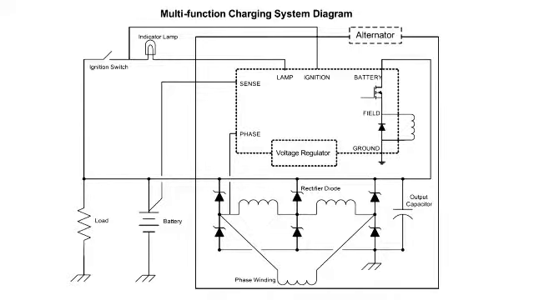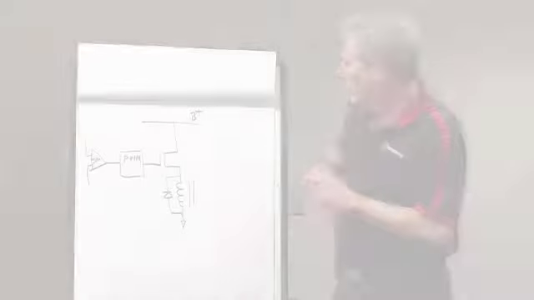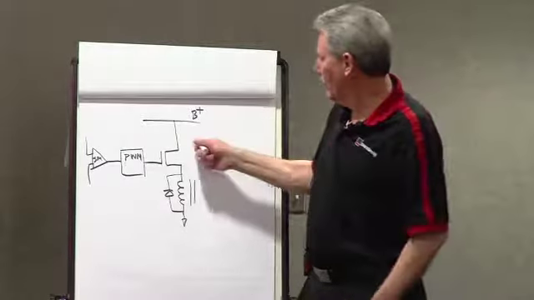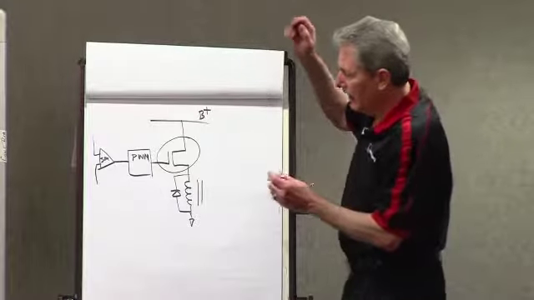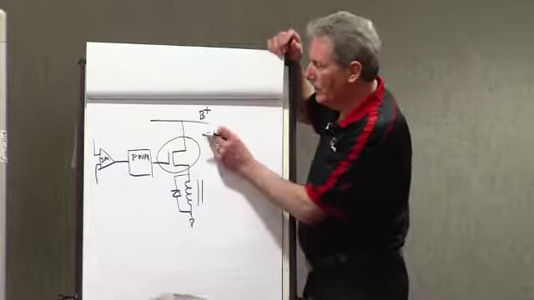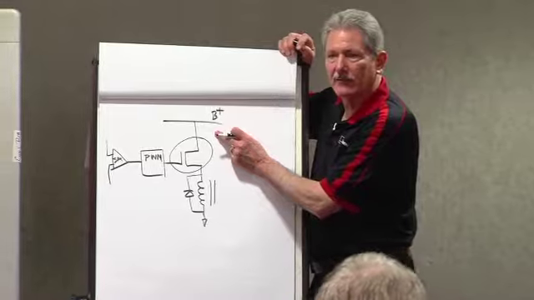Basically, the multifunction was different in that it had what's called a MOSFET, and again, I'll go through the MOSFET in a minute. And it was also a high side drive.